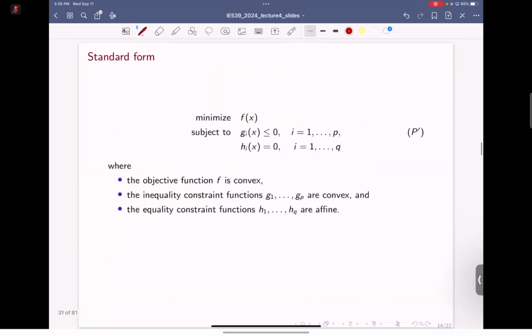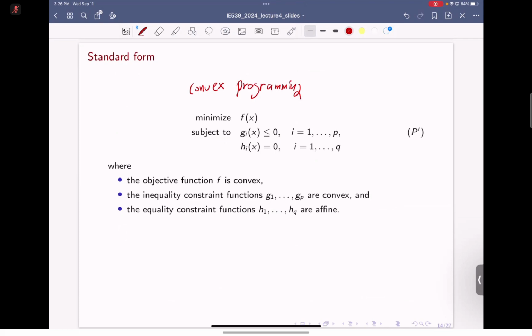Great. Here, any problem that has this form is called a convex programming problem. So, in general, we consider a convex optimization problem.